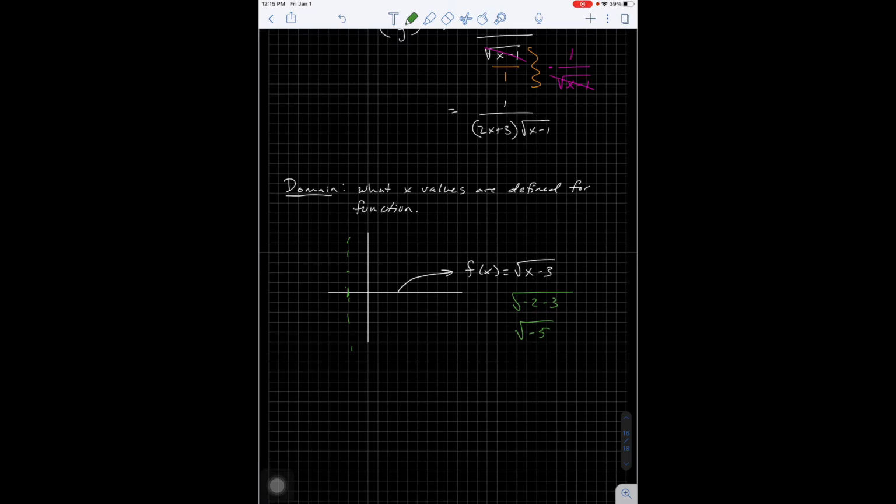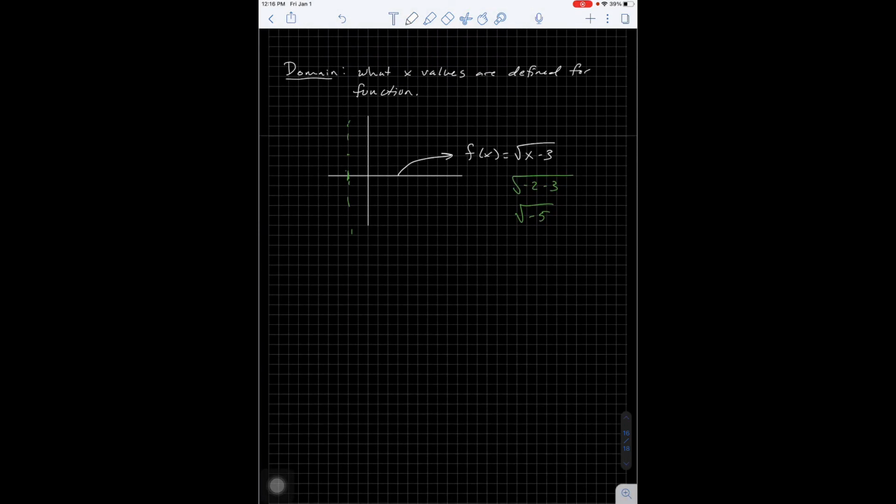And the question is, how do I know when there's a restriction, and how do I know when there's not? So there are a couple situations that are most common here. This is not a comprehensive list, but domain issues occur when you have roots, as we've seen above, and when you have fractions, and when you have logarithms, which we'll talk about in a couple chapters.